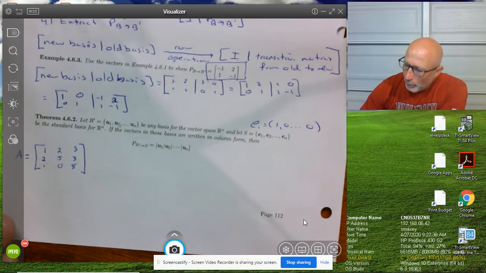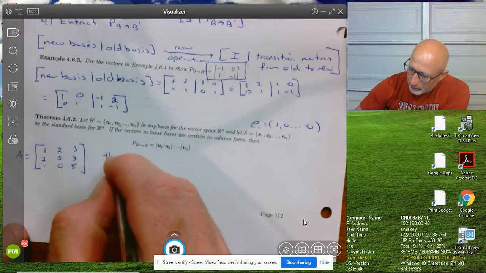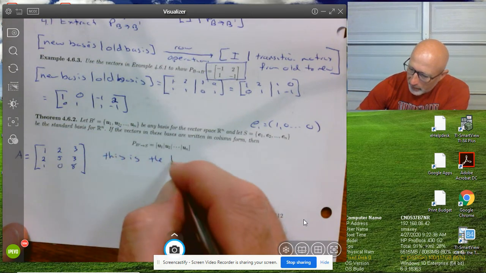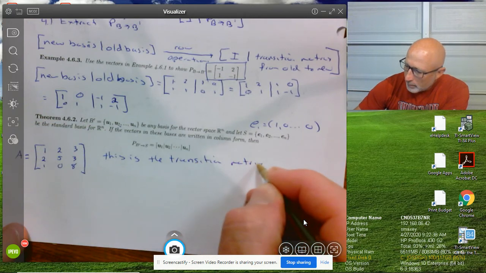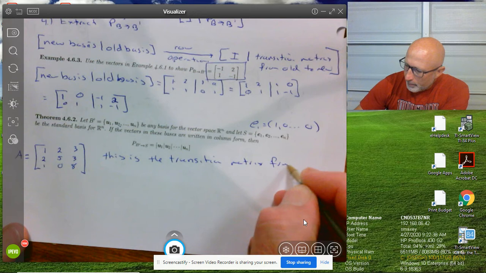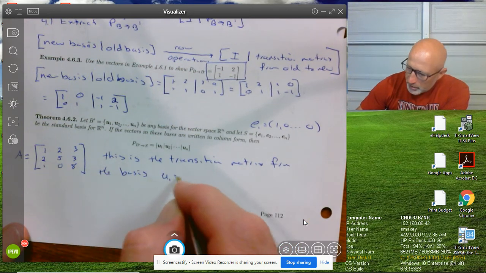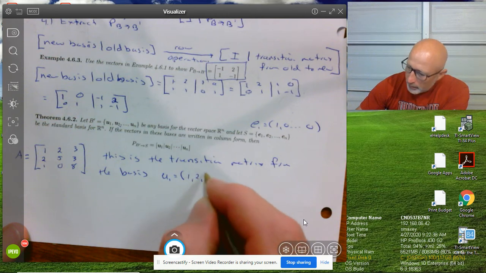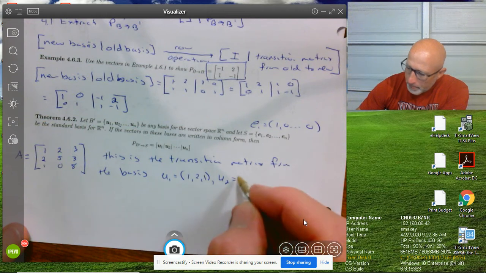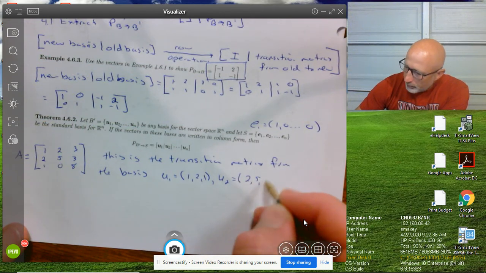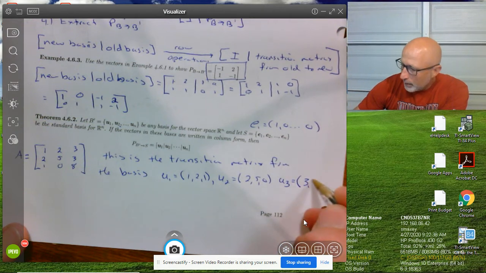So what this is doing is this is the transition matrix from the basis U1, which is 1, 2, 1, and then U2, which is 2, 5, 0, and then U3, which is 3, 3, 8.